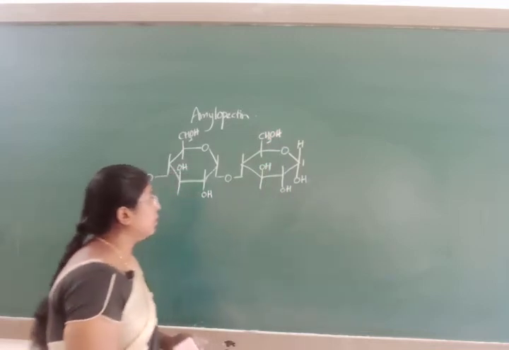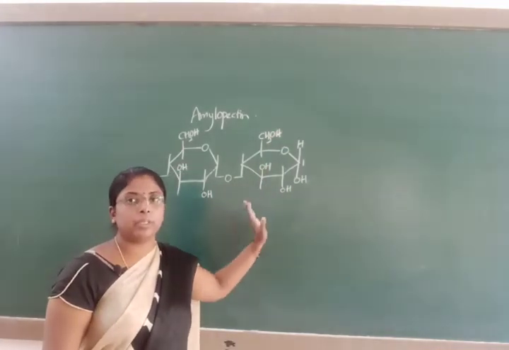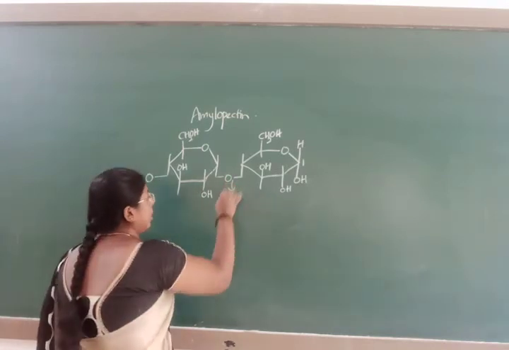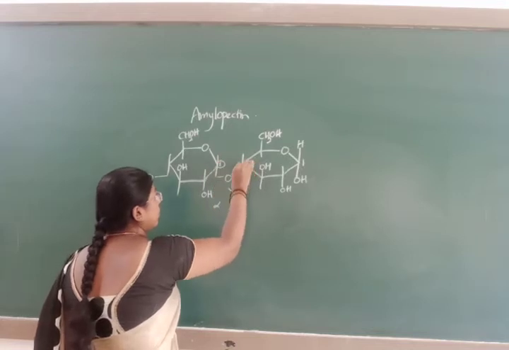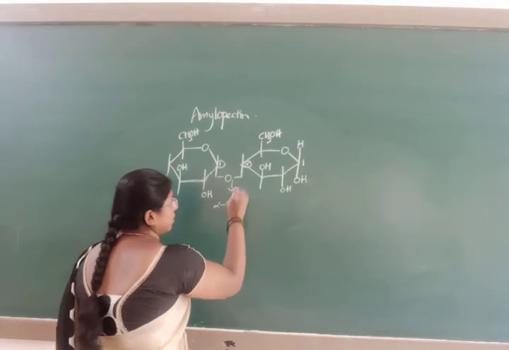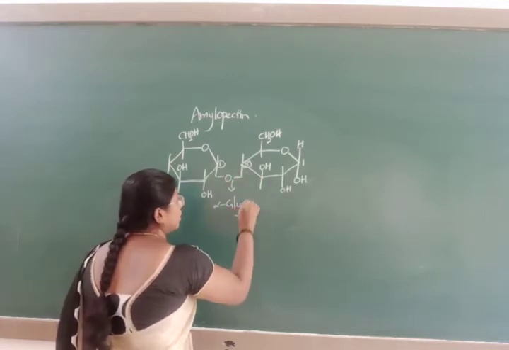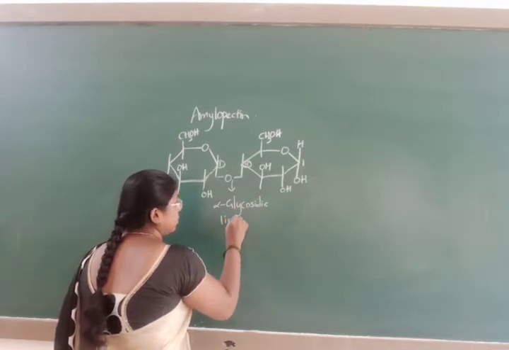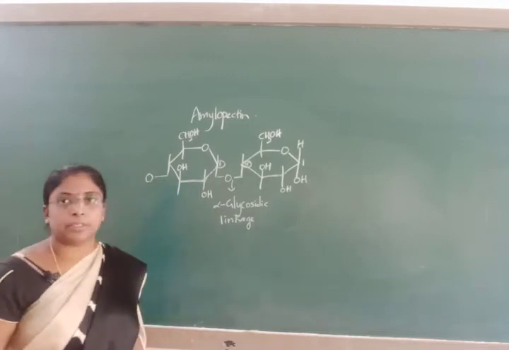C1 of one alpha glucose unit will form a linkage with C4 of another glucose unit, and it will form alpha glycosidic linkage, or it is also known as alpha link or alpha linkage.